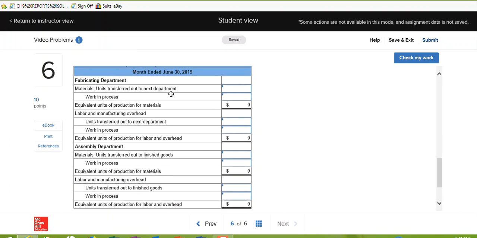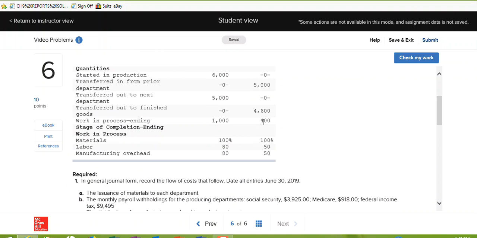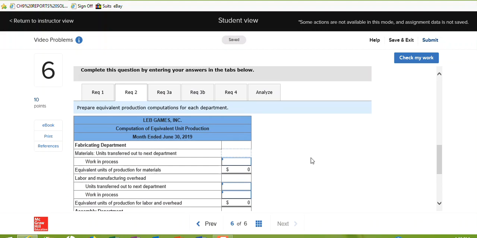So we're going to look at the units that we've transferred. So units transferred out to the next department. So we're looking at up here, fabricating and assembly. So transferred out to the next department, we had 5,000 transferred out from the fabricating to the assembly.